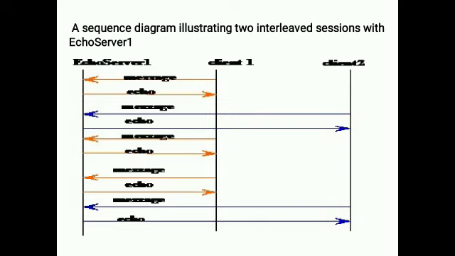Client 1 is sending a message to echo server 1 and the echo server is echoing that message back. Client 2 is also sending a message and the server is echoing the message to client 2. So it is shown in the diagram that two clients are interacting with the server concurrently.